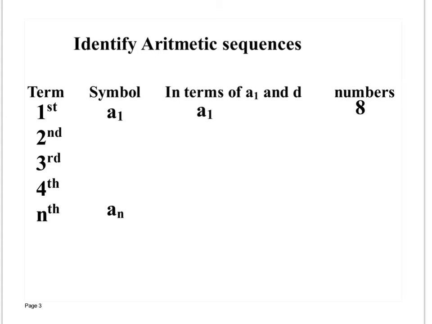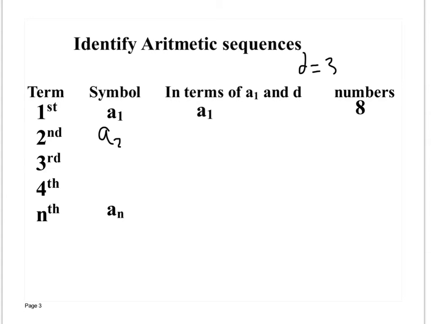Identifying arithmetic sequences. For the first term, we're going to call that A1. In terms of A1 and D, it's just A1 because it's the original. That number, A1, is 8. Also, I forgot to mention that D is going to be 3. The second term, we're going to label as A2.